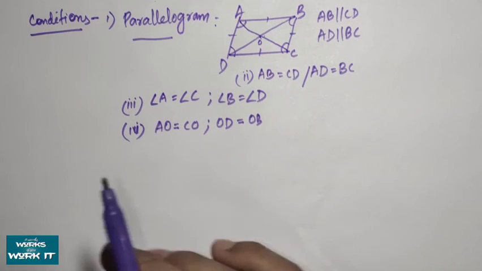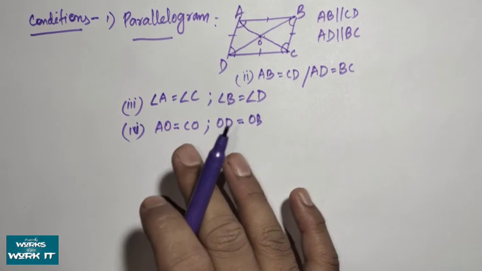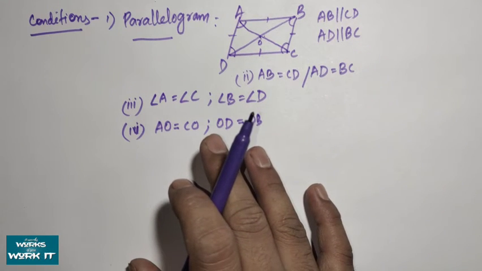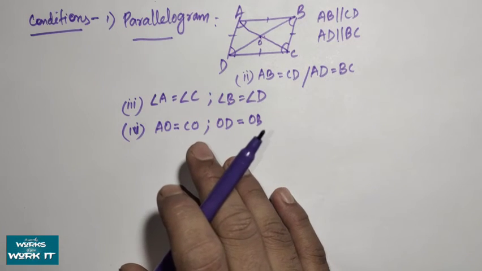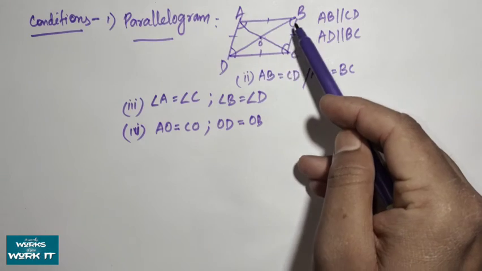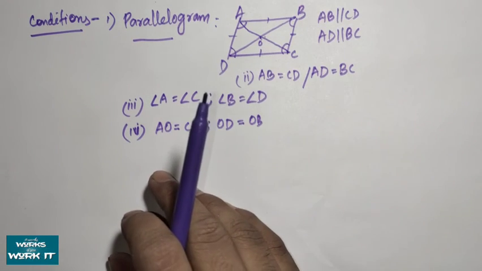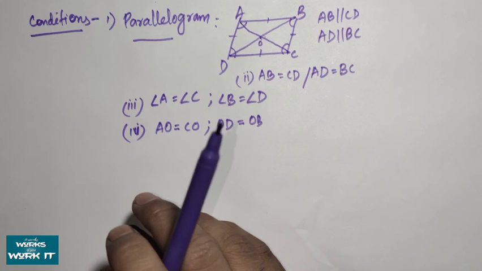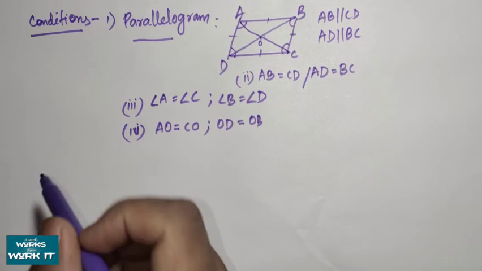Whatever types of quadrilateral there were, we have discussed already, along with their properties and definitions. Now, as we have introduced the diagonal here, and you now know what a diagonal is, we will see the properties of rectangle, square and rhombus using the diagonals.